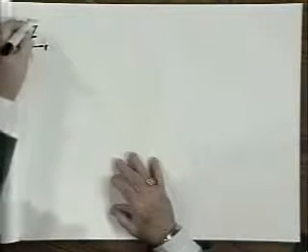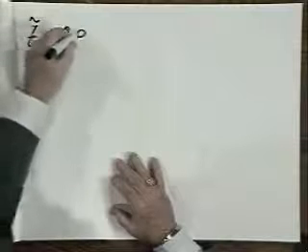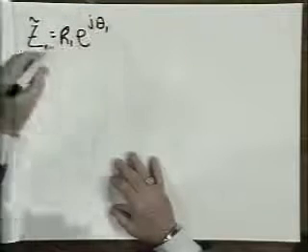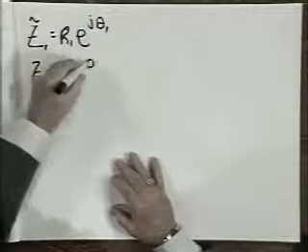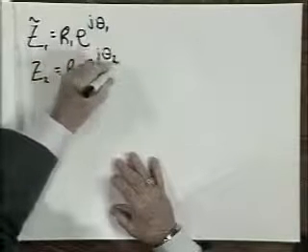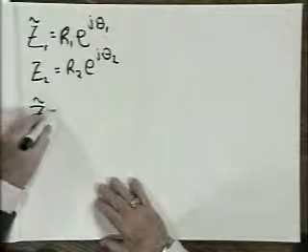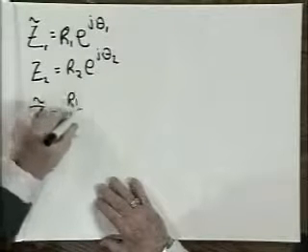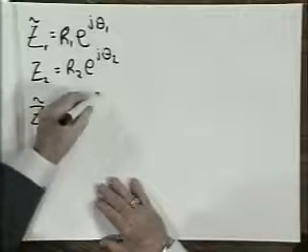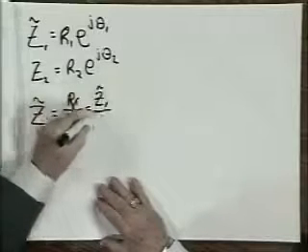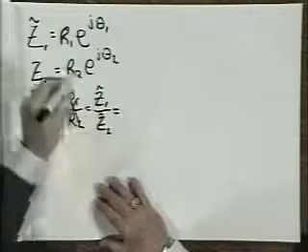If we have the usual z1 equals r1 e to the j theta 1, and z2 equals r2 e to the j theta 2, then if we want to form a quotient, z3, which is equal to z1 divided by z2, we simply express them in polar form.